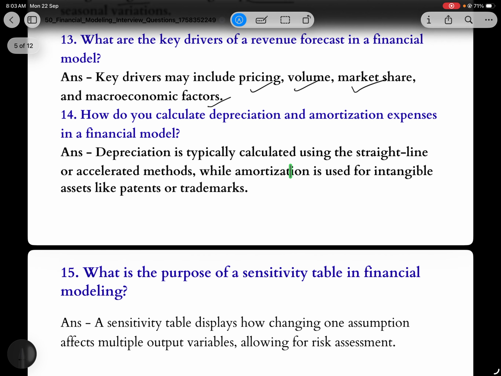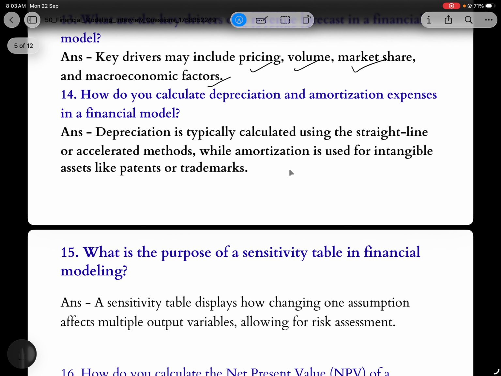So the next question is, how do we calculate depreciation and amortization expenses? It's basically very simple, right? We use either straight line or accelerated methods in terms of real assets, or physical assets. So depreciation is always there, and amortization is basically used for intangible assets, like your trademarks, patents.